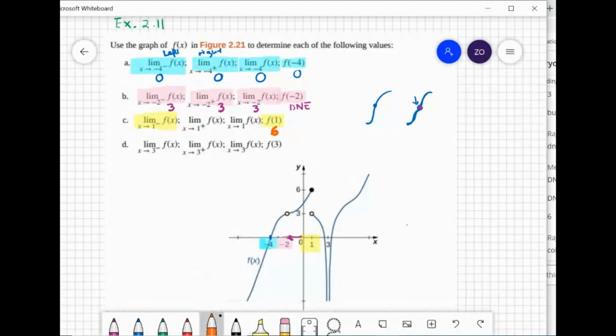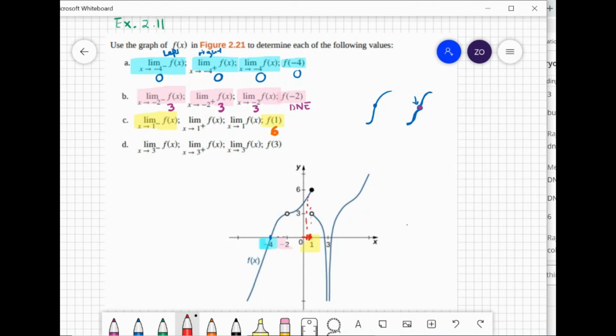Okay, so let's look at this limit. As x values approach 1 from the left side, just check a few points here.